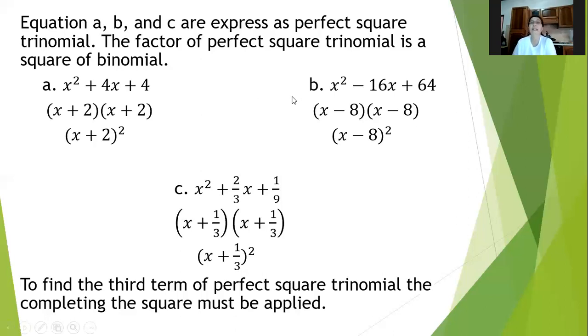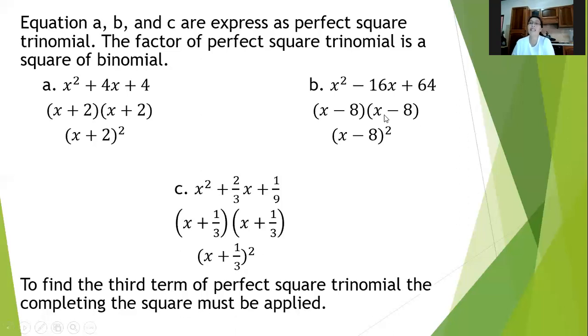Letter B, x squared minus 16x plus 64. The factor of x squared is x times x, while the factor of 64 is 8 times 8. Let us check the middle term. Negative 8 times x is negative 8x. x times negative 8 is also negative 8x.